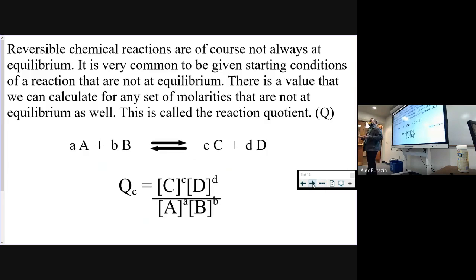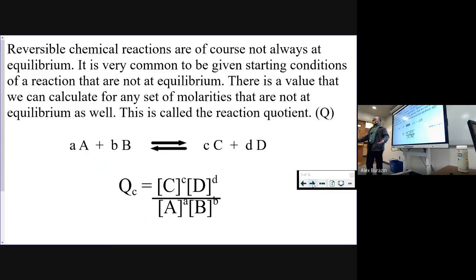And then the question is, does that ratio equal the equilibrium constant K? If your ratio equals K, you're at equilibrium. If your ratio does not equal K, you're not at equilibrium.